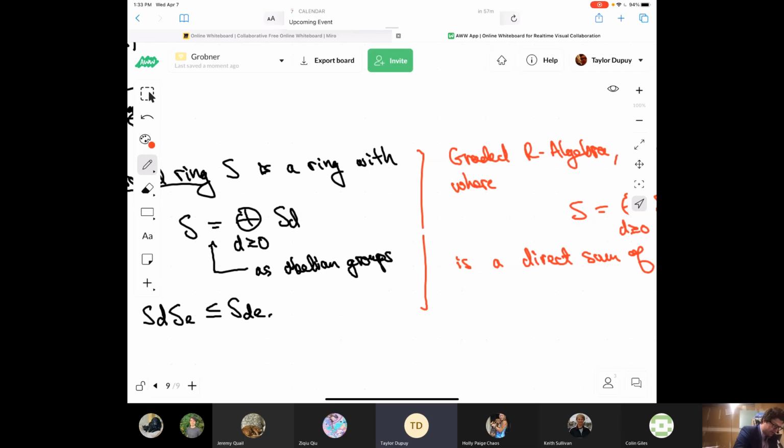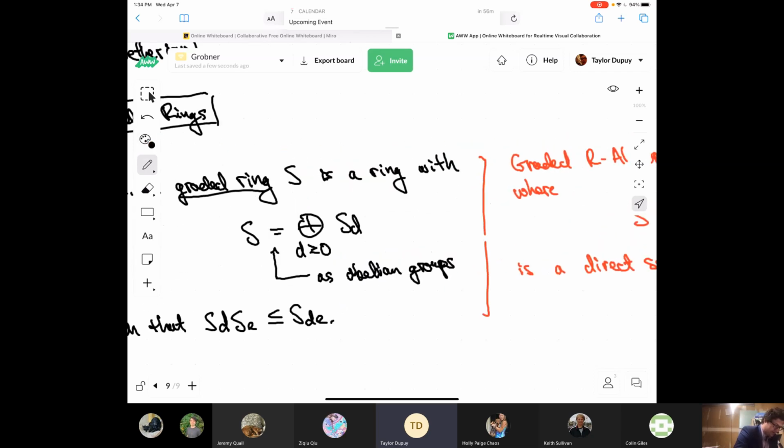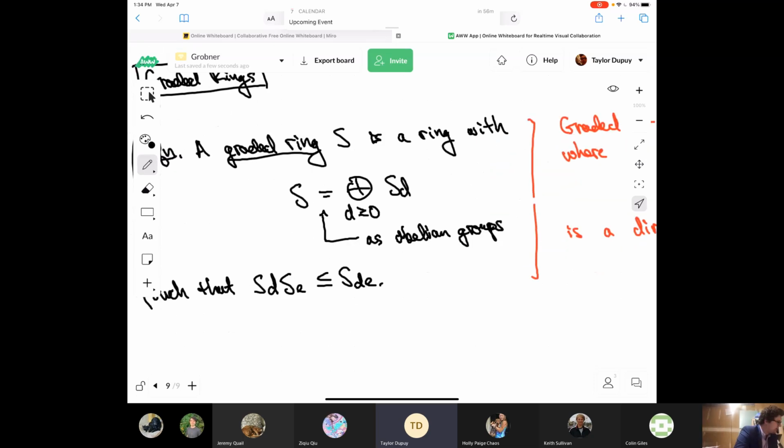So in particular, if R is a field, then these are vector spaces.